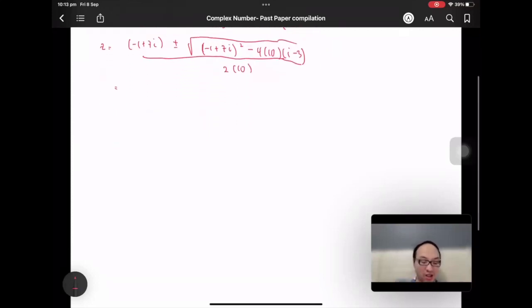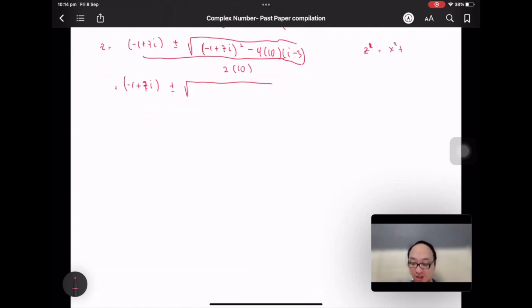So I have negative 1 plus 7i, plus or minus the root of the complex number squared, which is x squared plus y squared.